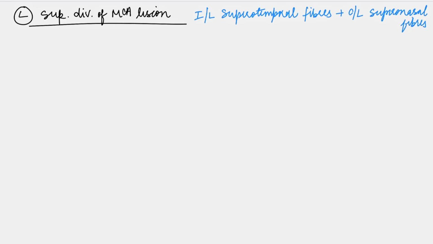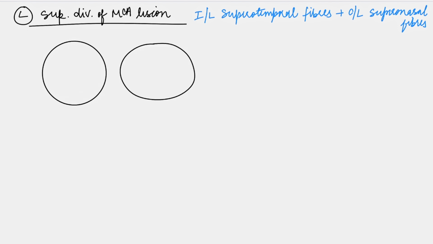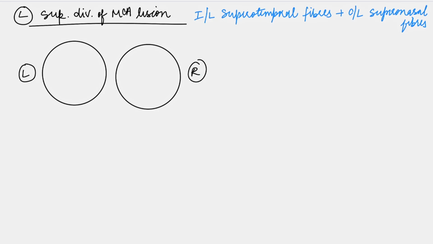So now, if we draw the visual fields, this is left, this is right. Again, in ophthalmology, it's always the opposite. The superior fibers are responsible for the inferior visual field, and the temporal fibers are responsible for the nasal visual field.